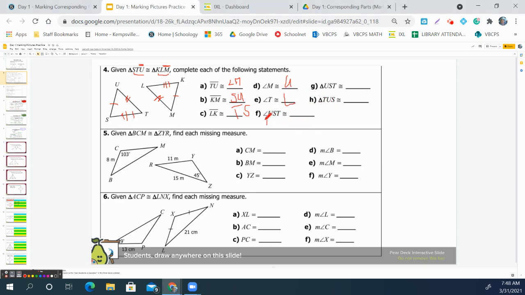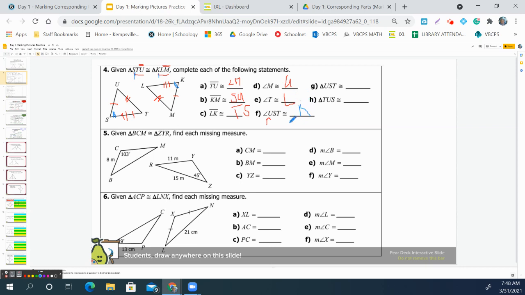This is angle, so this angle here, and we had issues with this on the test. So UST, I'm going to look for angle S. UST, I'm talking about angle S. What goes with angle S? K, absolutely.